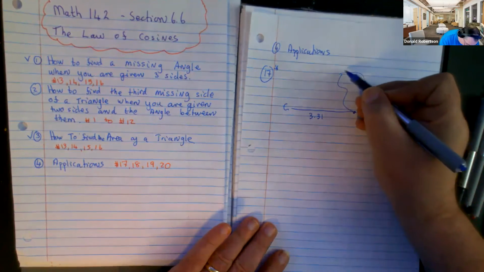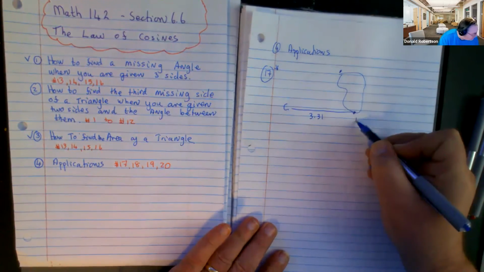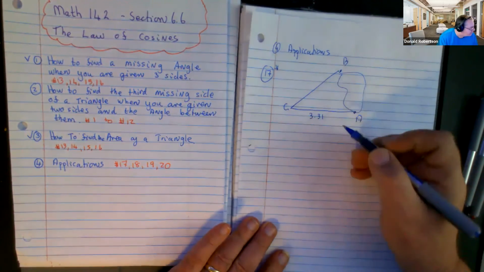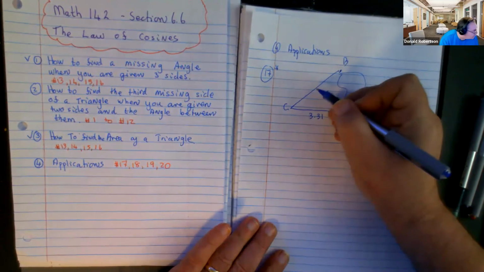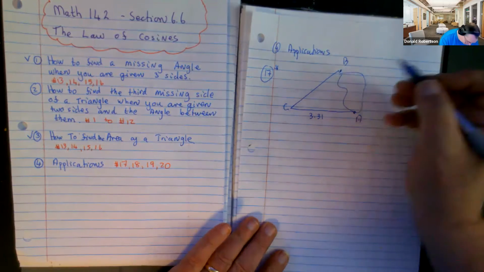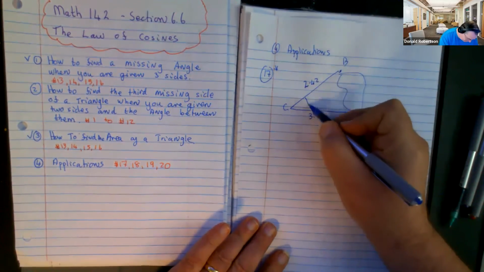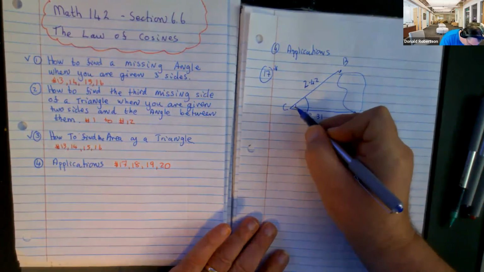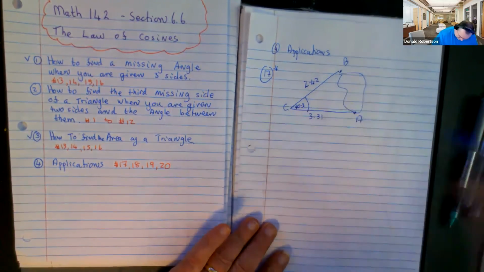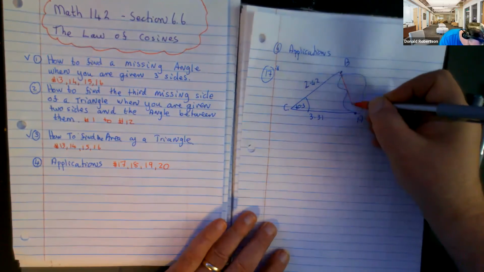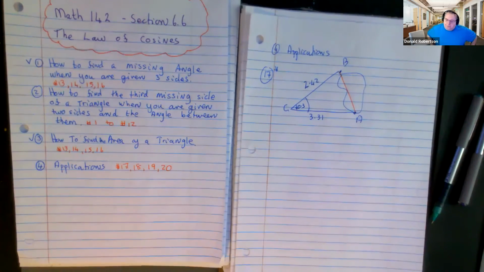And did another one up here, and it's going to be called B in the picture, and they measured that distance, and that distance was 2.42. And this angle here, you're told that it's 40.3, and you're being asked to find how far apart they are.